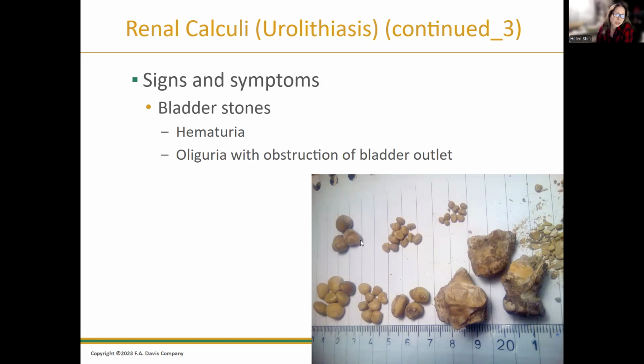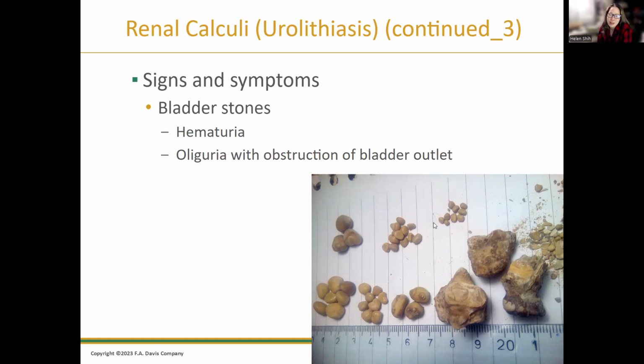However, as the stones get bigger and bigger, you also notice that some of them are kind of smooth. The reason for that is, as you know, if a stone is rolling down a hill, the hill itself is helping smooth out that stone. These stones are so smooth because they're trying to pass through the kidneys into the ureter and the bladder and then into the urethra.